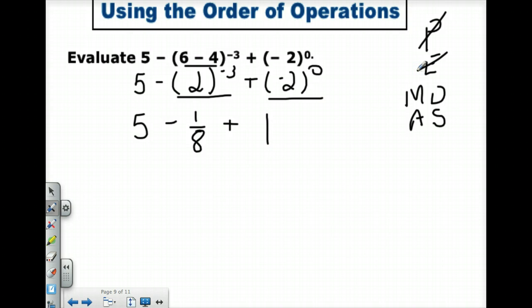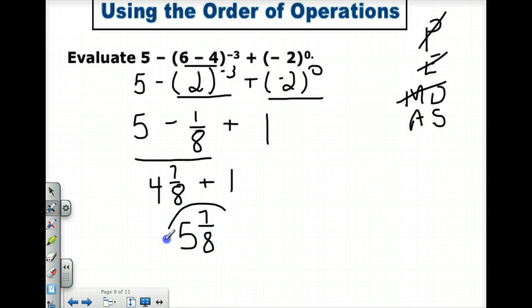We do not have any multiplying or dividing, and so now we must add or subtract in order from left to right. That means 5 minus 1/8 is 4 7/8, plus 1. Final answer is 5 7/8.